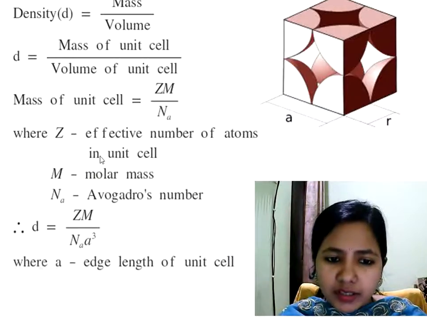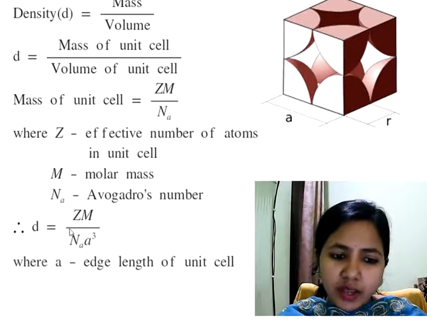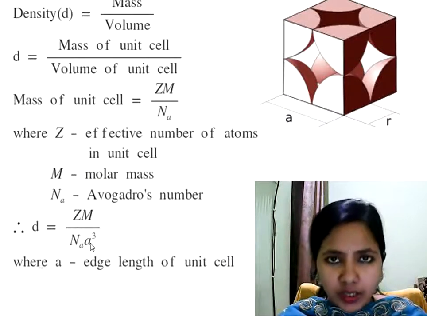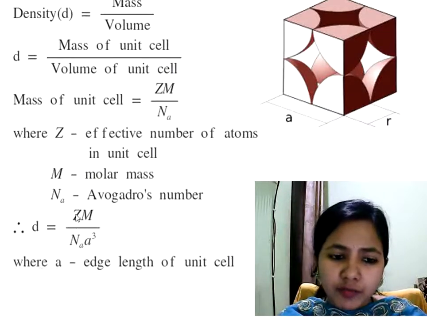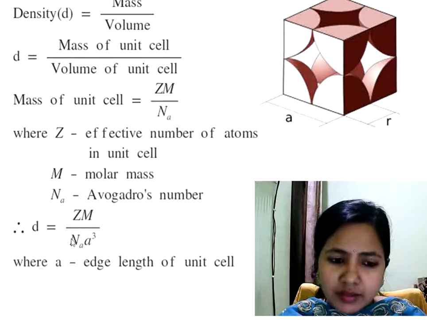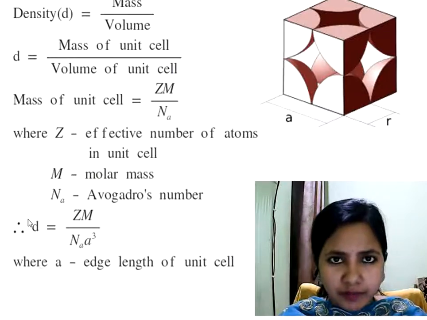Now after putting these values, we will get the density. See, density is equal to Z into M upon Na into a cube. The formula of density is mass by volume. Here we have put the value of mass, that is Z into M by Na, and the volume of a unit cell is a cube. So we have got the density, right?